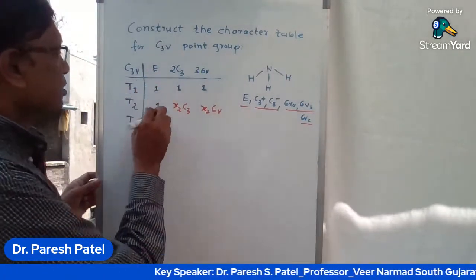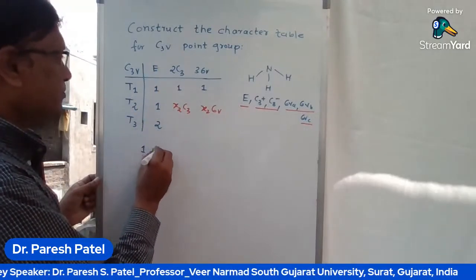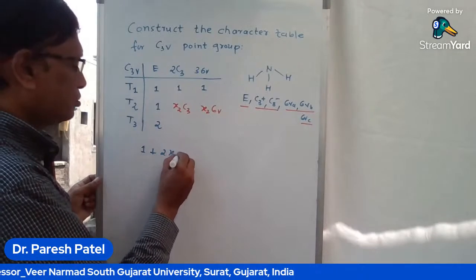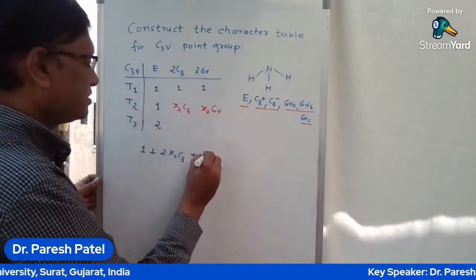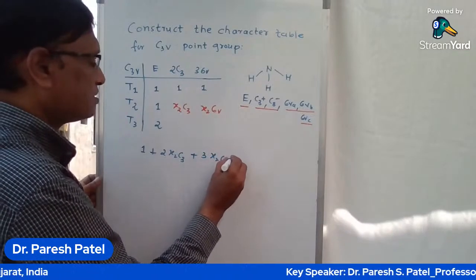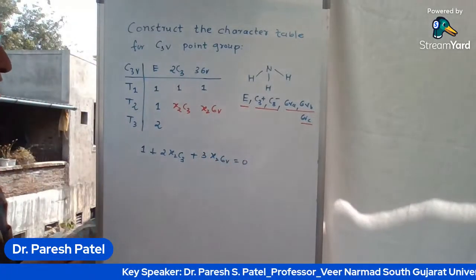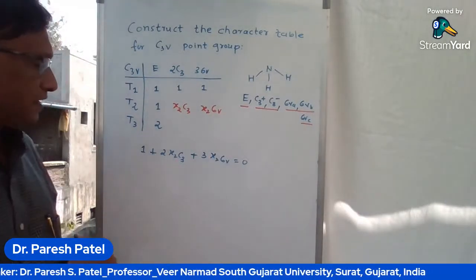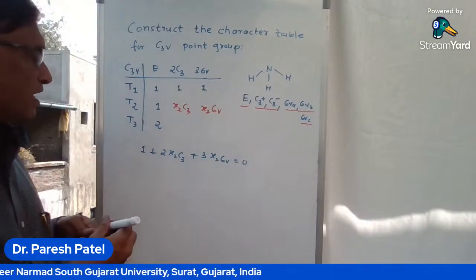It means if we take T1 and T2, then 1 into 1 into 1 is equal to 1, plus 2 into 1 into character 2 C3, plus 3 into 1 into character 2 sigma V is equal to 0. This equation can be satisfied if character 2 C3 is equal to 1 and character 2 sigma V is equal to minus 1.